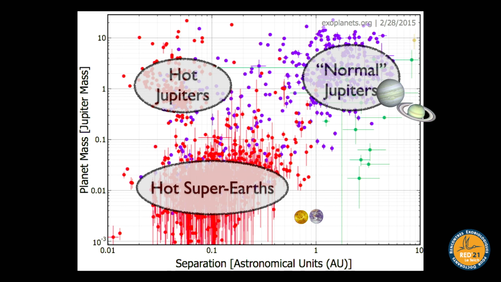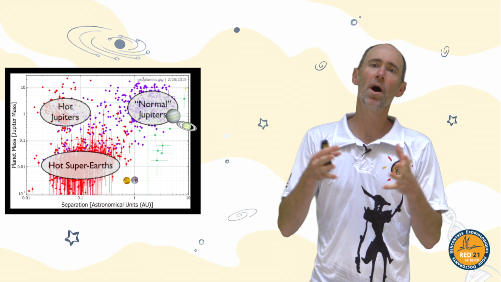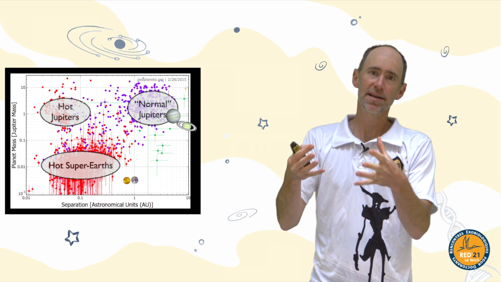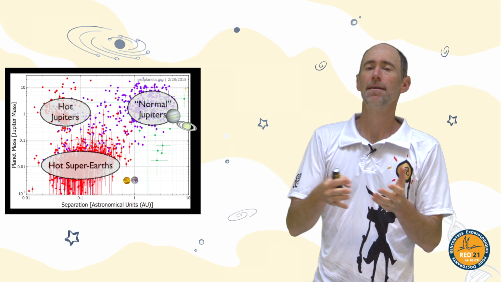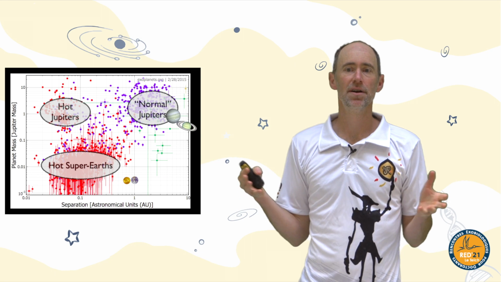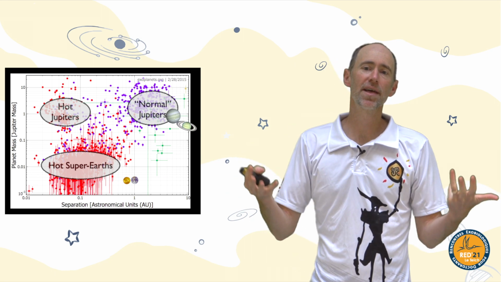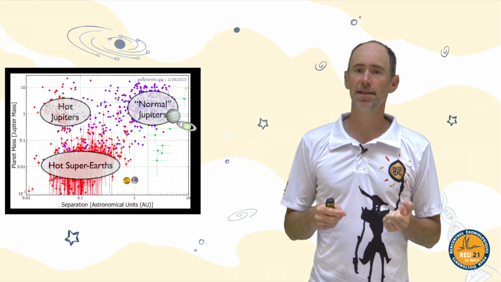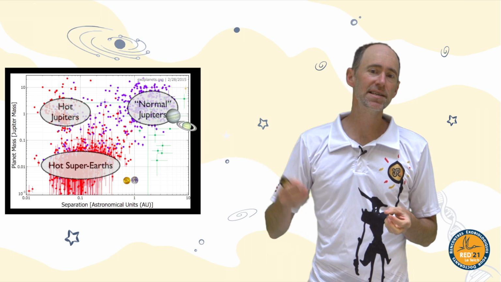They're really big planets, really close to their stars, so they have a very strong influence on their stars, so they're relatively easy to find. Further out are the, quote, normal Jupiters, the wider separation Jupiters, planets that are Jupiter's size or mass that are further from their stars. And our Jupiter is kind of part of that group. And those are found typically with only one technique because it's easier to find them.